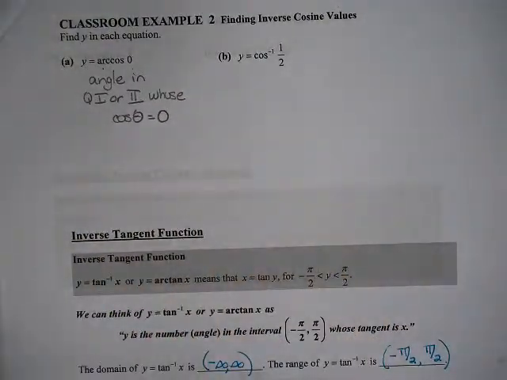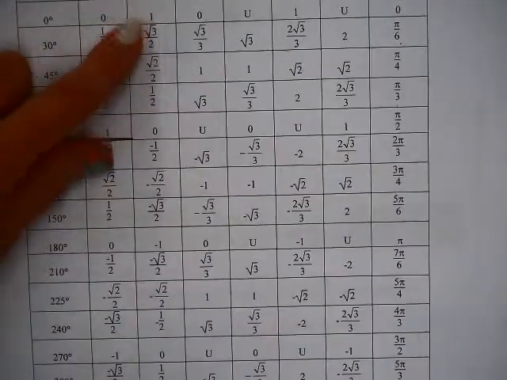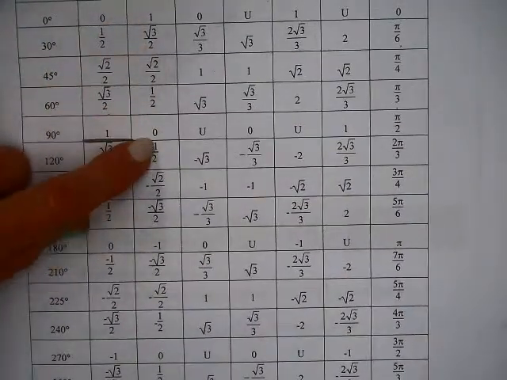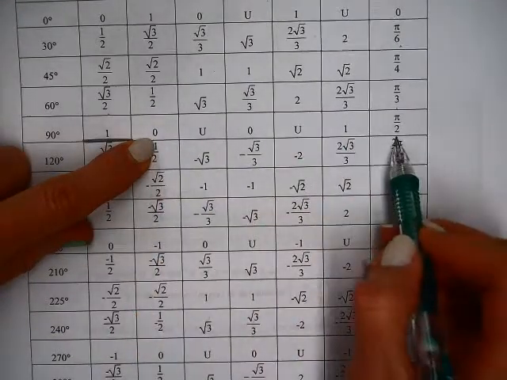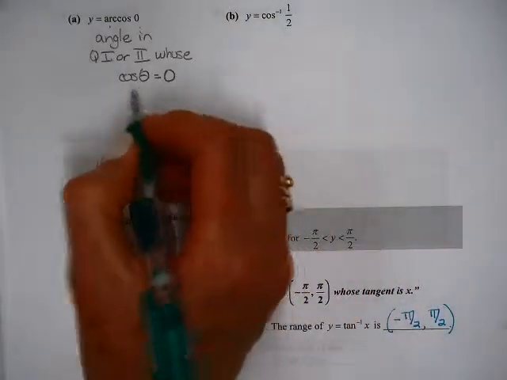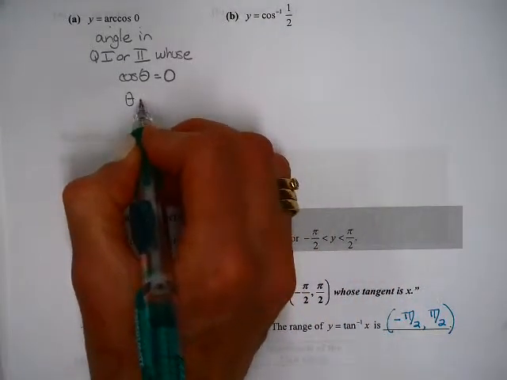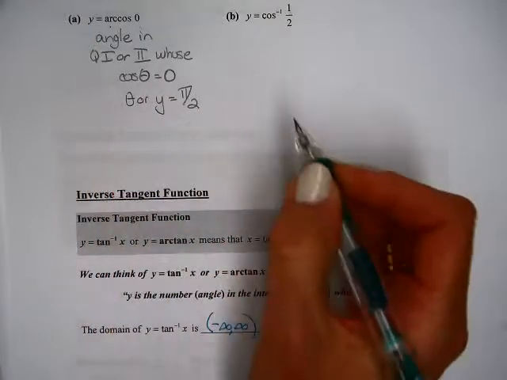So you look again on your exact value sheet in your cosine column. You look down until you find a 0. The angle that has a cosine of 0 is pi over 2. So the answer would be theta, or y, is pi over 2.